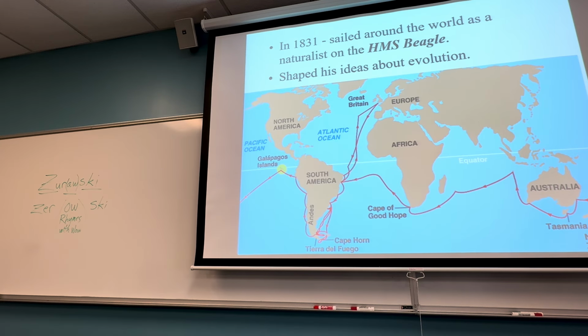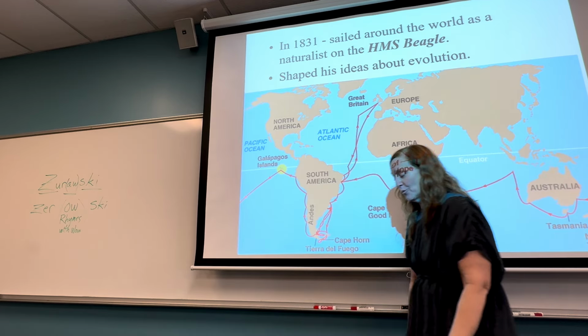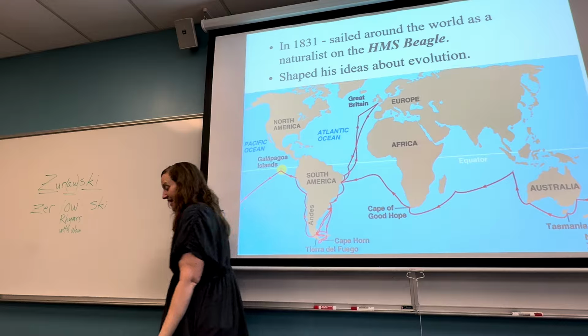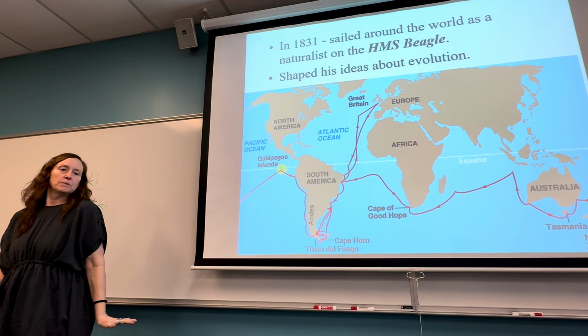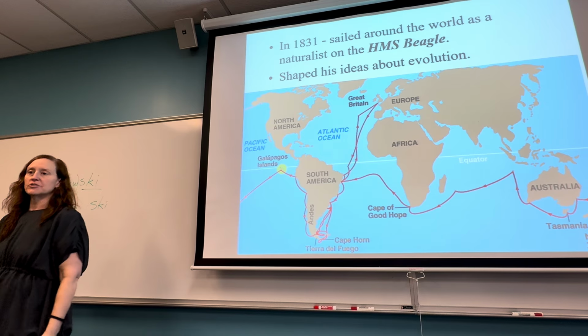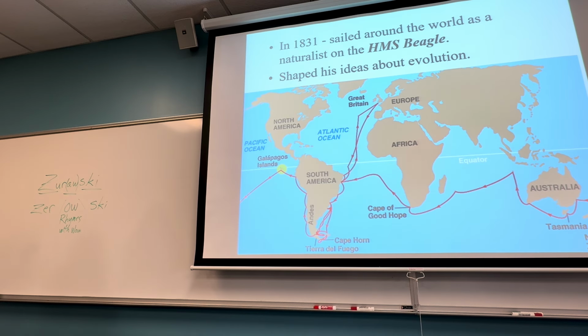At this time, in the early 1800s, these global voyages were going on around the world. And there was this issue in a lot of the cultures who had these big ships where there was classism, where if you were of a higher class, you were better than everyone else, and you did not have to talk to people of lower classes. And Charles Darwin was of a higher class. What happened with these voyages is that the captain was of a higher class than the rest of the crew.